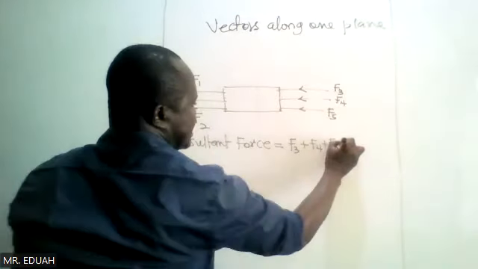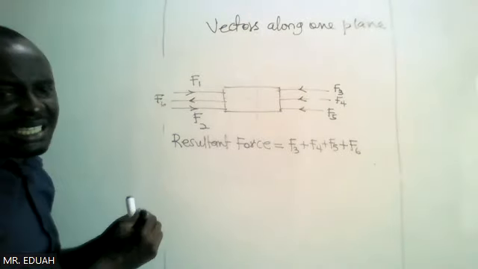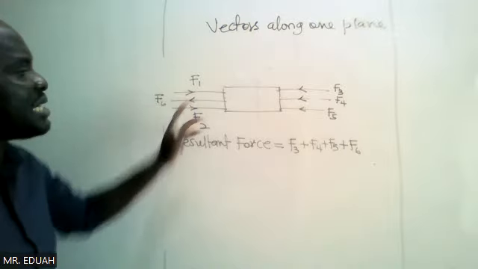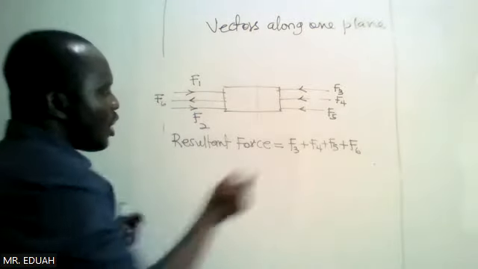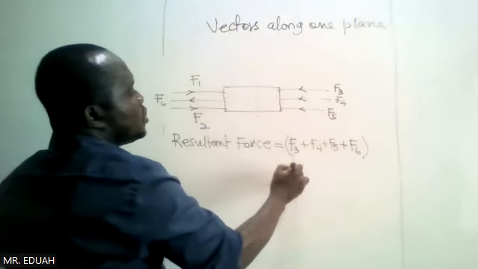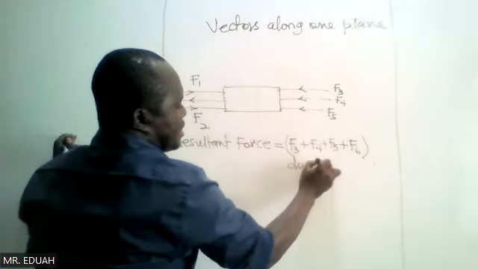Even though it is at the other end, what I'm interested in is the direction. So I look at the direction and add. So all these are forces due west.